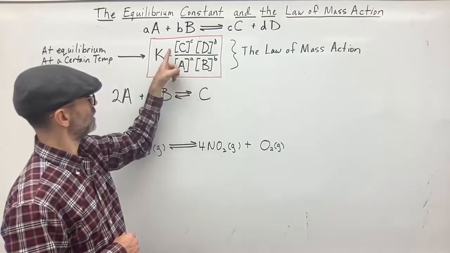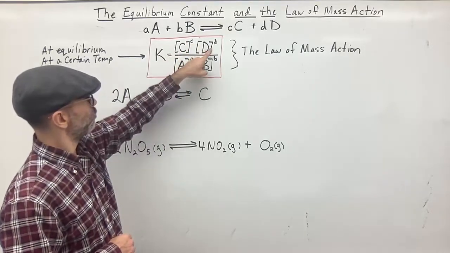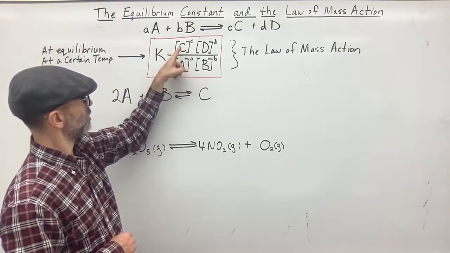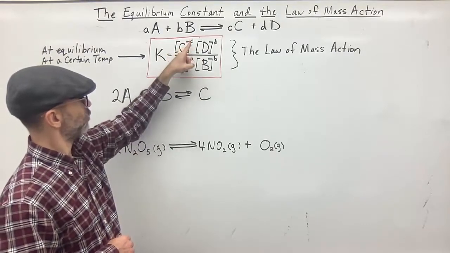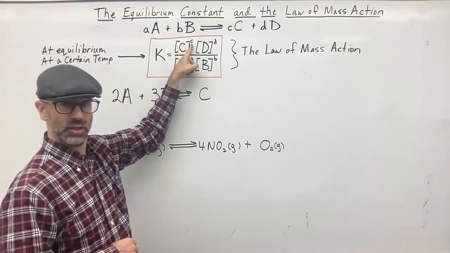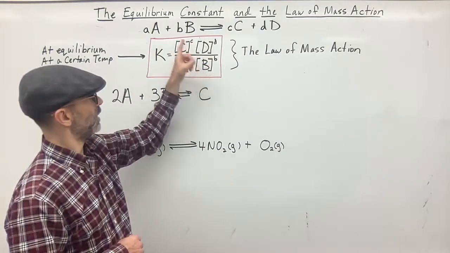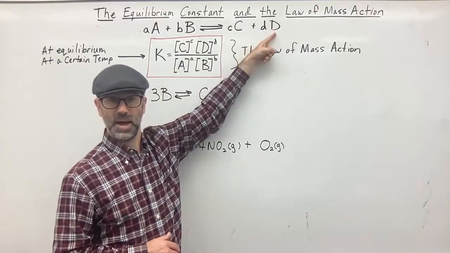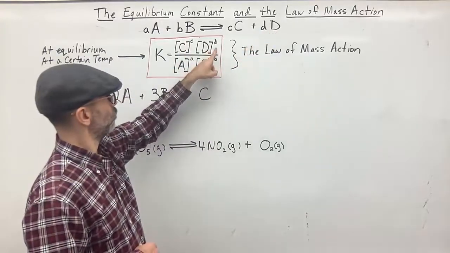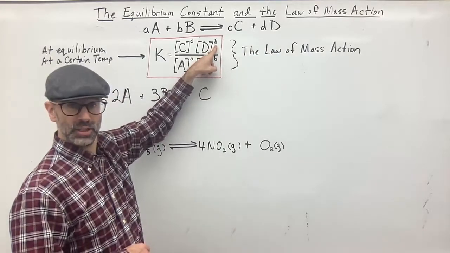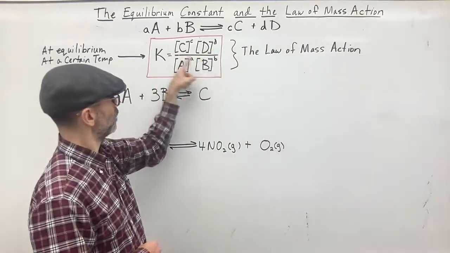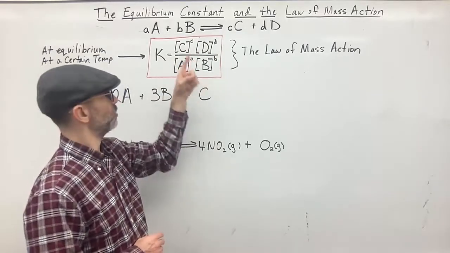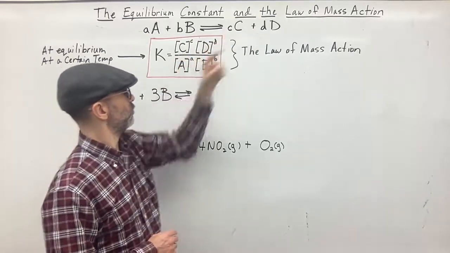So you can see that the concentration of product C raised to its coefficient little c is multiplied by the concentration of the other product D, capital D, raised to its coefficient little d, right? So we have the products on the top multiplied by each other, and they're both raised to their coefficients.